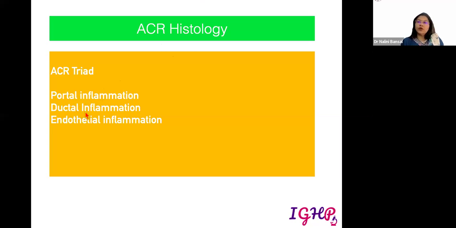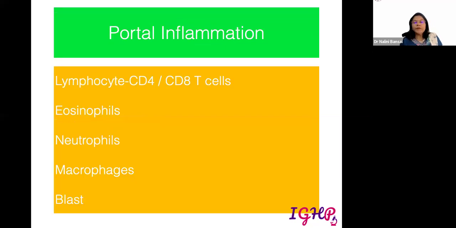Then we are going to look into the bile duct, and we are going to look at the bile ductal inflammation. And then we are going to look into the portal vein and not the hepatic artery. So we are not interested in the hepatic artery of the portal tract. What we are interested in is basically the portal vein, and within the portal vein also, we are interested in the endothelial lining of the portal vein and the capillaries, and then we are going to see if there is any inflammation over there.